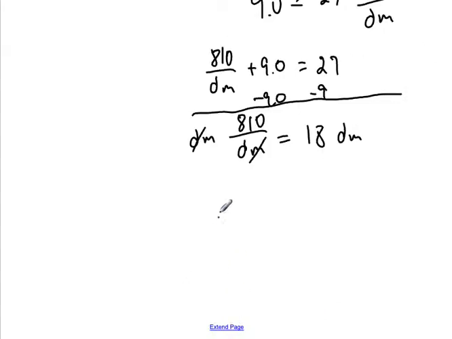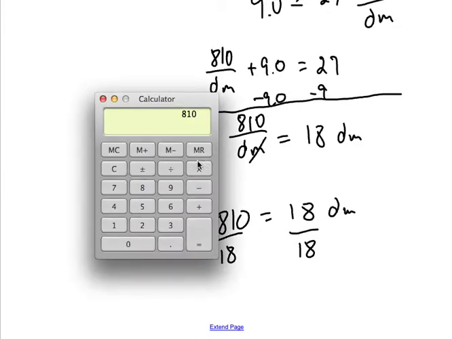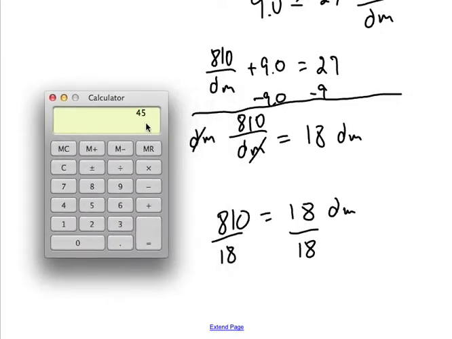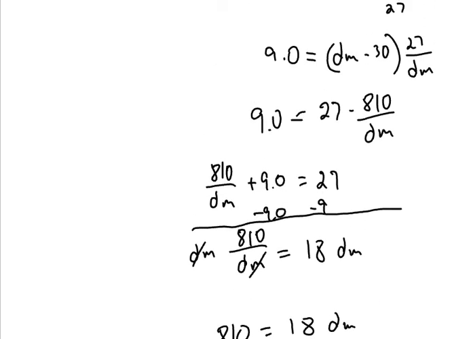So now we got 810 equals 18 dm. Now, Stephanie, what was C-Man saying? Divide by 18. And we get 45. 45 what, Kaylin? Yeah, 45 meters equals the distance Mac traveled. Boom. All right.